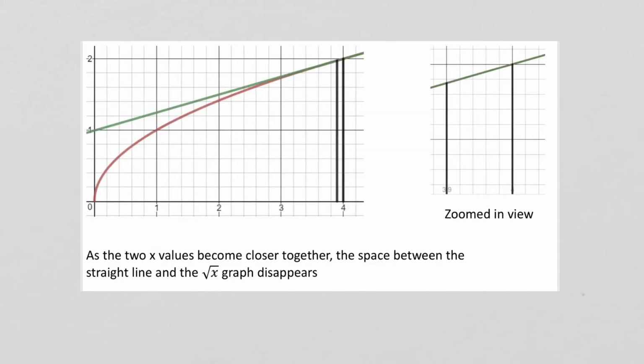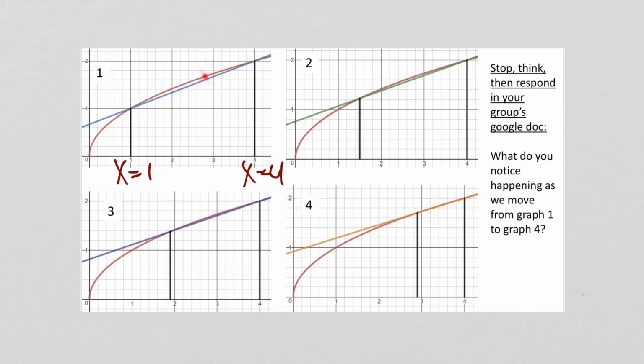So as the two x values become closer together, the space between the straight line and the square root x graph disappears. We'll go back for just a second. See how there's this space here? And then as that x equals 1 is getting closer to x equals 4 now, that space is still there, but it's smaller. Now we can maybe barely see it, and now we can't see it at all.